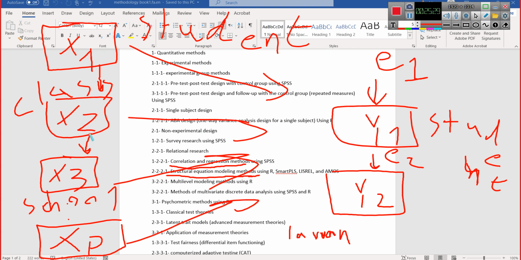We may also have multiple mediation variables, for example, x2 and x3 mediate the relationship of x1 to y1. We also have the latent variable opportunity in structural equation modeling that is also available in multi-level modeling methodology.